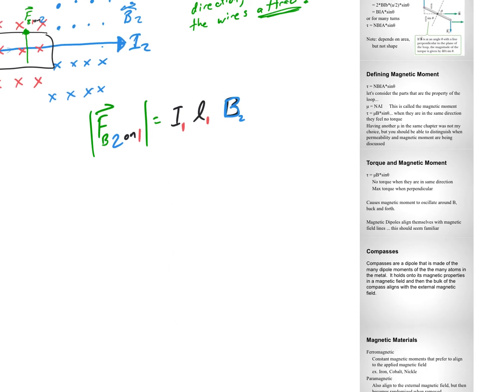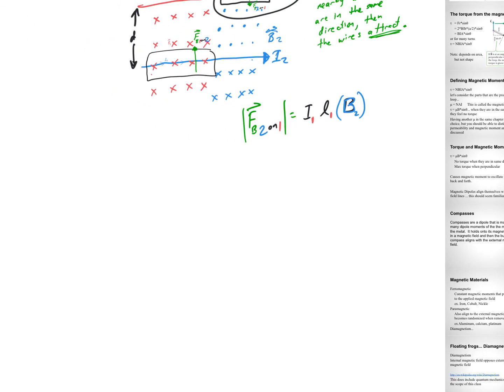I can do a substitution for B2. B2 is the magnetic field from a line of charge. So I can say that the magnetic field 2 is equal to the permeability of free space multiplied by current 2 divided by the circumference, 2 pi radius, and the radial distance is actually d.